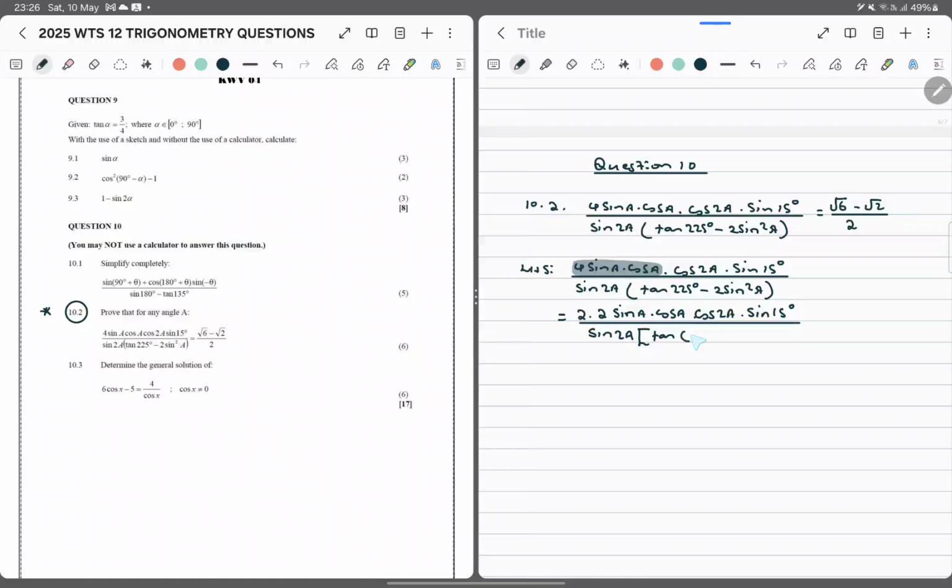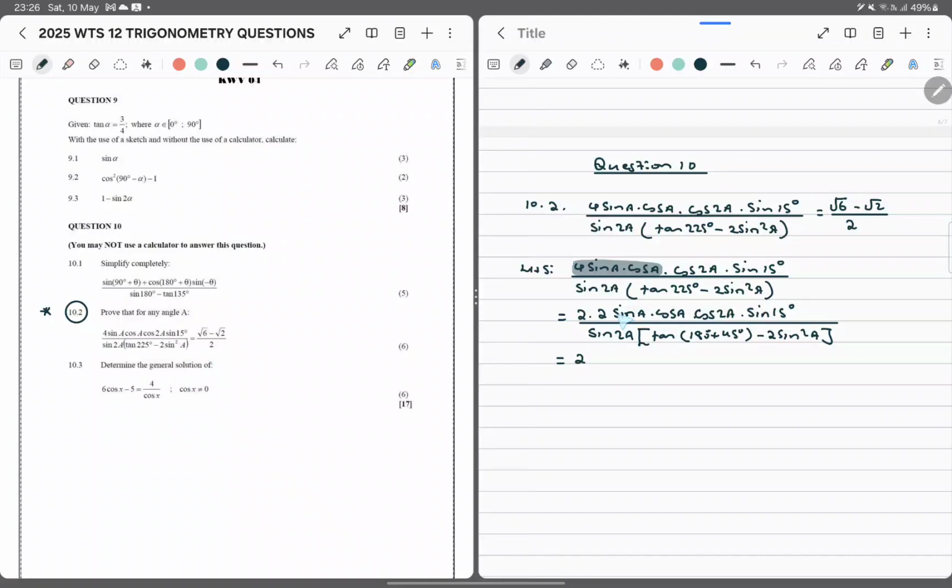This is tan of 180 degrees plus 45 degrees minus 2 sine squared A. This one we can leave alone. So this is already giving us the idea that this cos 2A must perhaps be done in terms of this, but we will take our time to do it. Sometimes, relaxing on the job while doing the job is good.